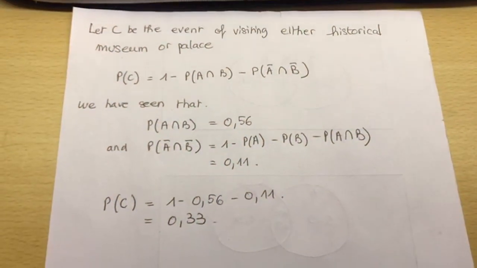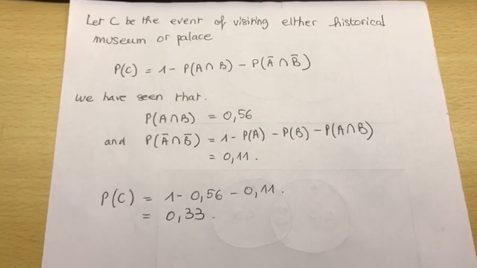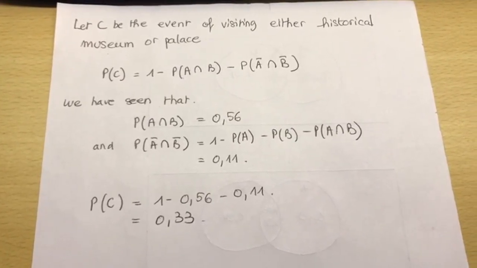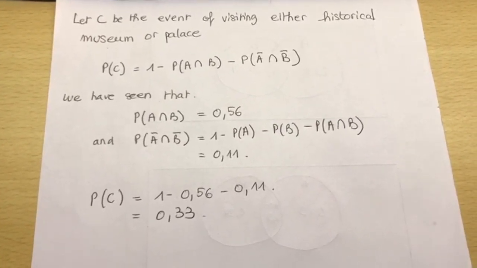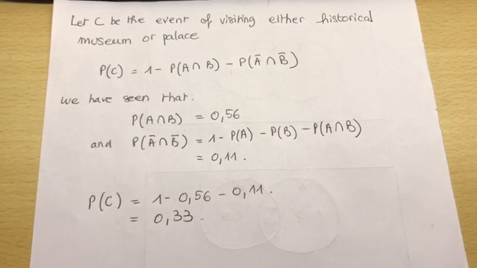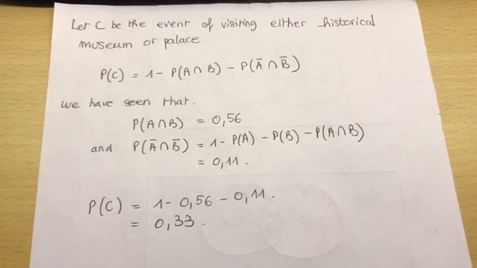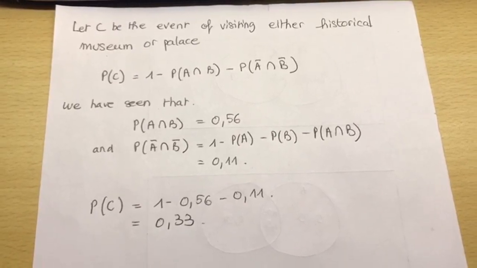Now, the randomly selected respondent who only prefers visiting either the historical museum or the palace. So let C be the event of visiting either the historical museum or the palace. Probability of C is 1 minus probability of A inter B minus probability of A bar inter B bar.